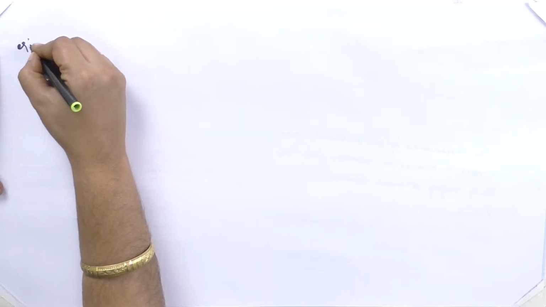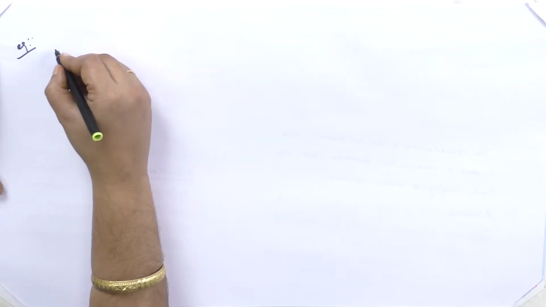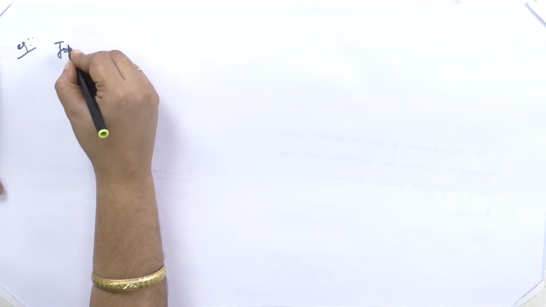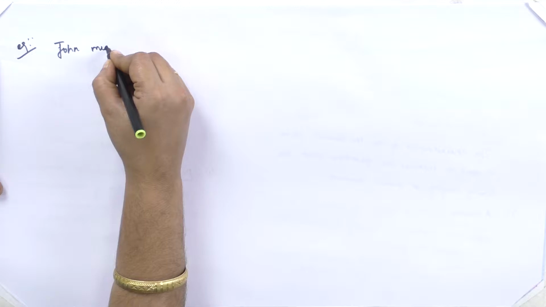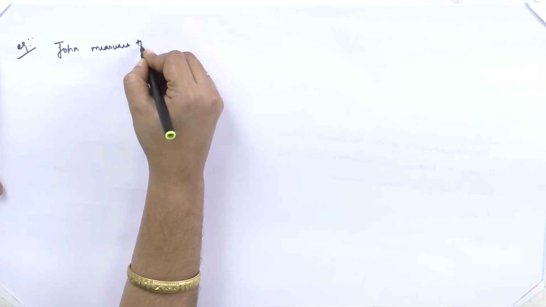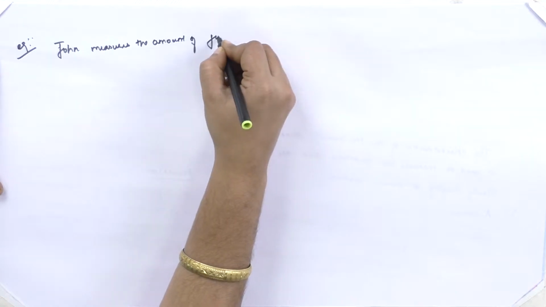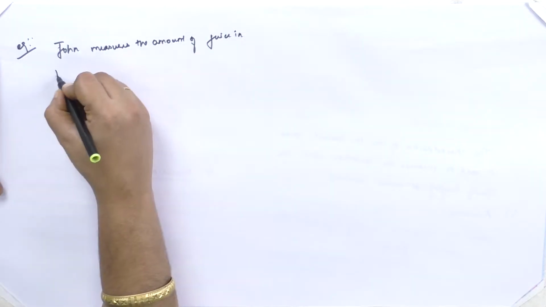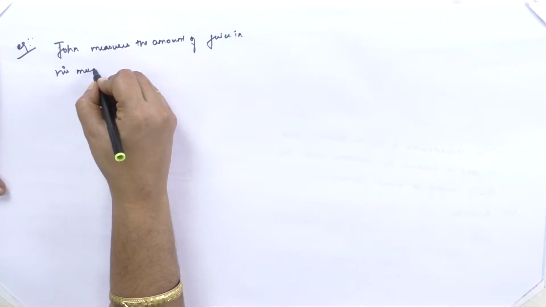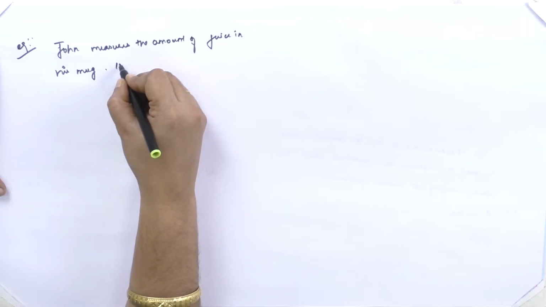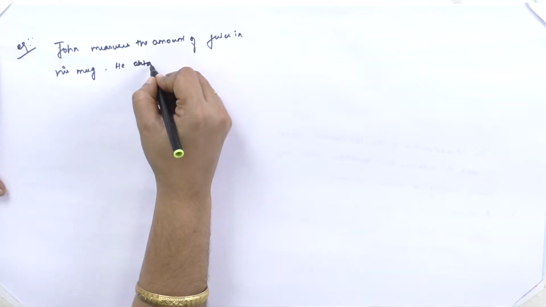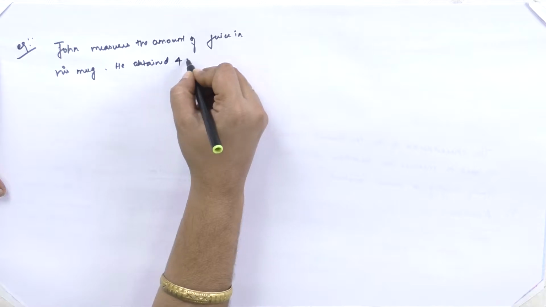Let us see the example for precision. A person called John measures the amount of juice in his mug. He obtained 4 readings.